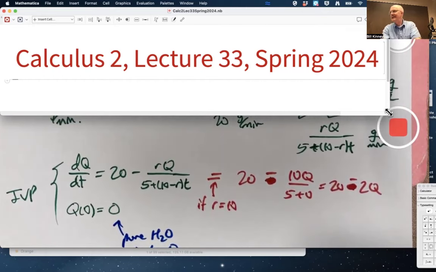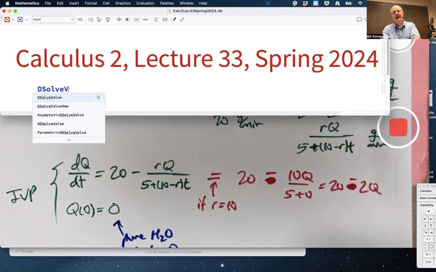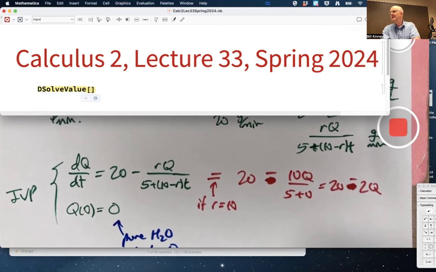The one with the simplest output is called DSolveValue with a capital D, a capital S, and a capital V. This is a differential equation solver built in. Inside the square brackets, you need to put curly braces. Inside the curly braces, you need to start with your differential equation. Say Q prime of T for the derivative. Double equals, just like you use double equals with Solve and FindRoot.